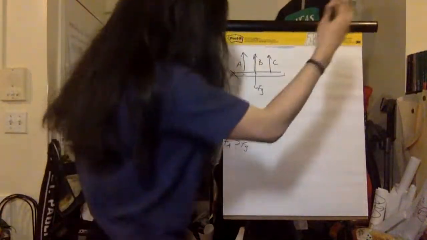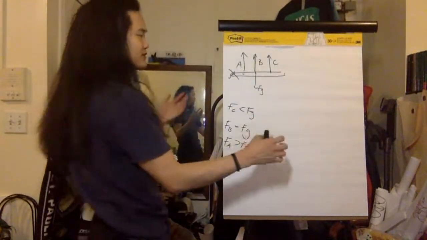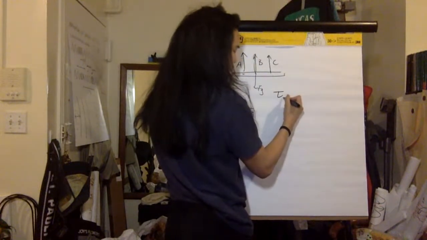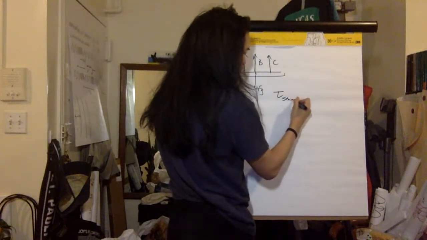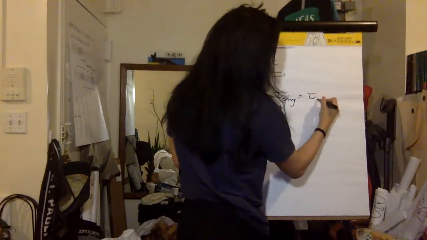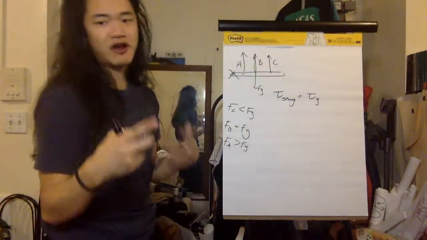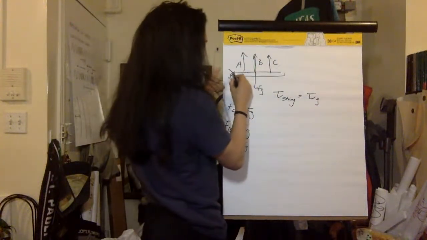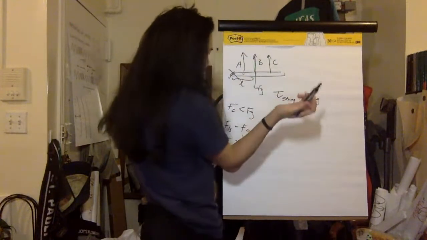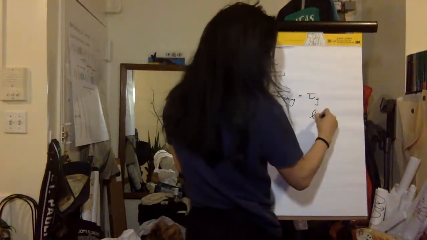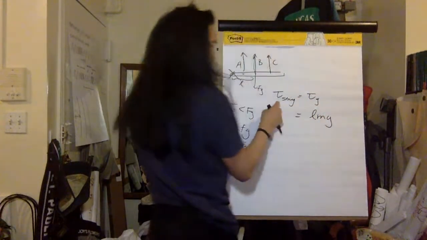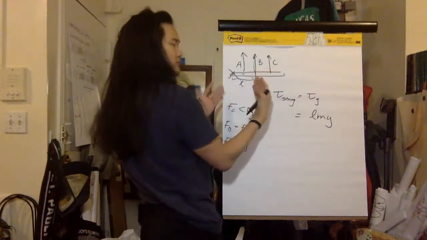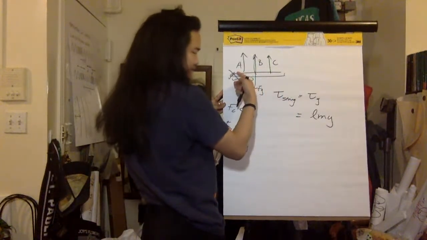So the rule basically is the torque due to whatever string equals the torque due to gravity, right, which is, I'm going to call this length L, where this is like L, mg, and this is equal to the torque supplied by the string, whether it's here, here, or here.